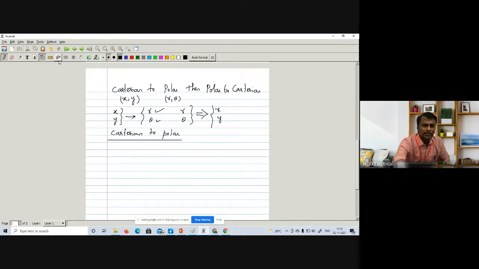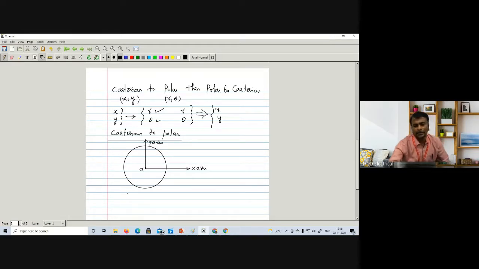For this Cartesian to polar conversion, for example, I am drawing again one circle, and this is the x-axis, right? Then this is the y-axis, and this point is the origin.